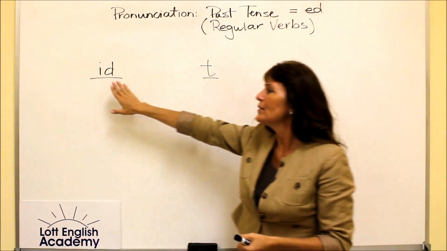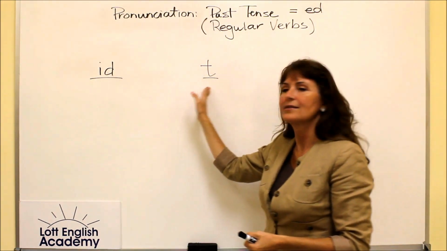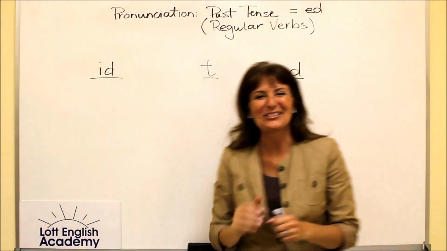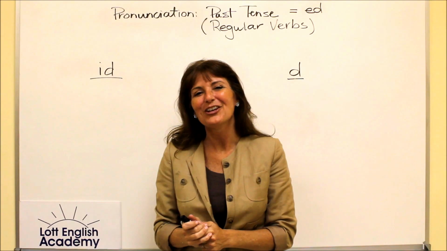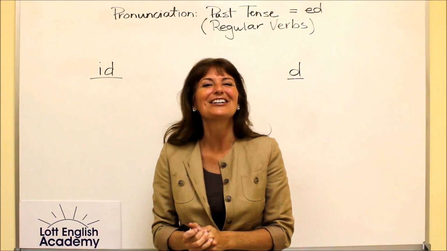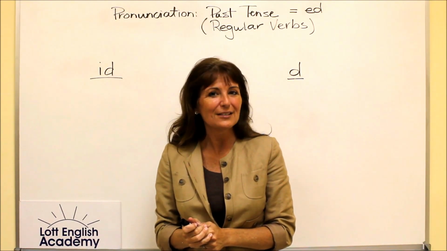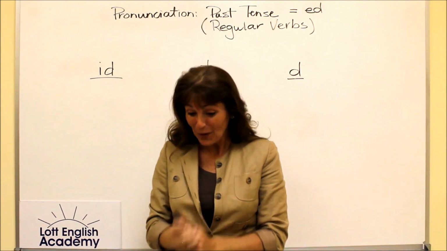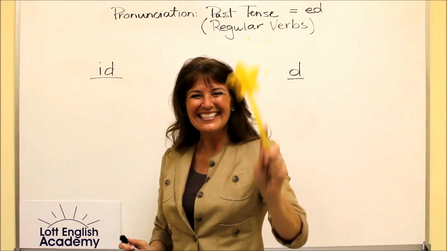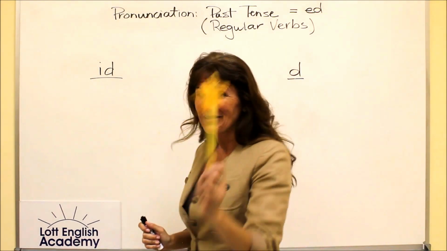So when do we use this sound, or this, or this? That's what I'm going to explain to you today. And I hope that after my explanation, you feel really good and clear about when to use these different sounds when you're saying words in the past tense. Hopefully, you'll feel like it was magic, my magic wand.